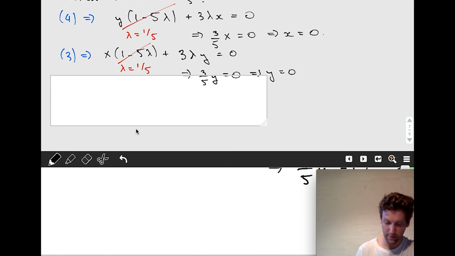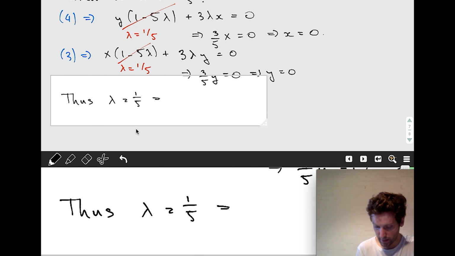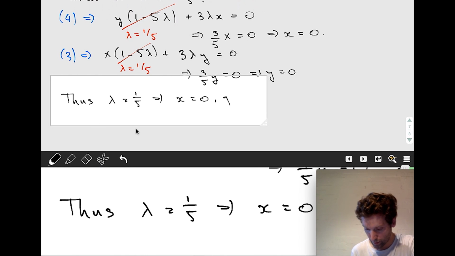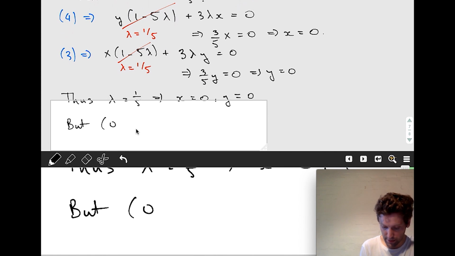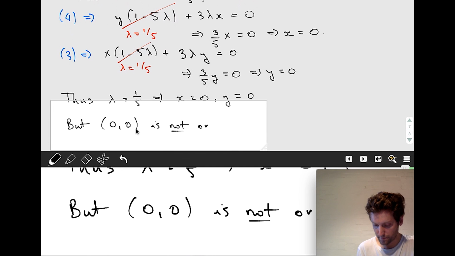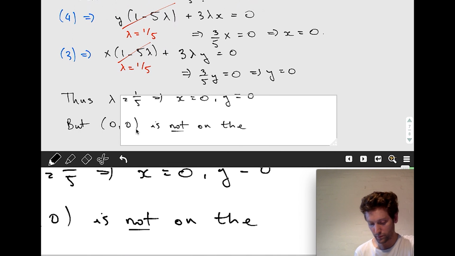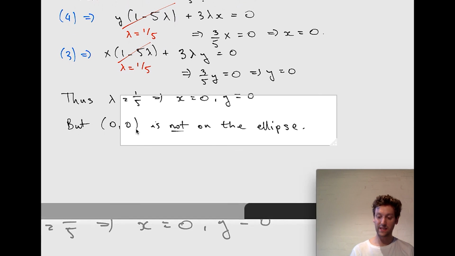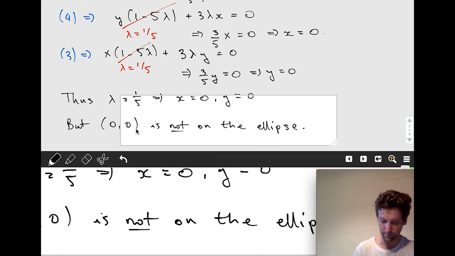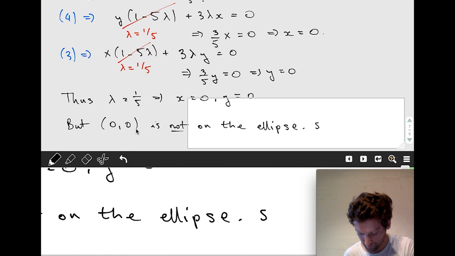So that implies lambda is equal to 1/5 implies that x is equal to 0, y is equal to 0. But we've already seen that the point 0, 0 is not on the ellipse. It doesn't satisfy the constraint. So it's a disallowed point, so it's not allowed. So lambda cannot be equal to 1/5.